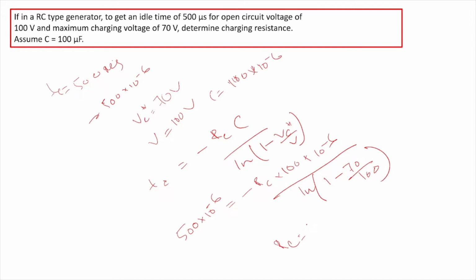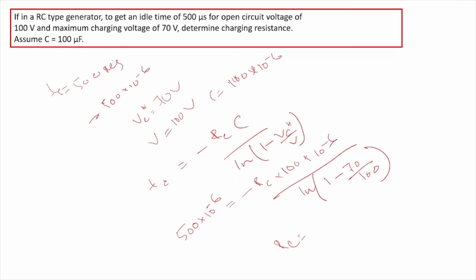The log of 1 minus 70 by 100 is coming as minus 1.2.